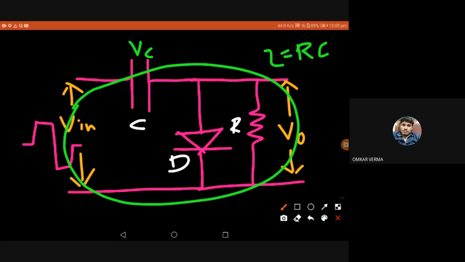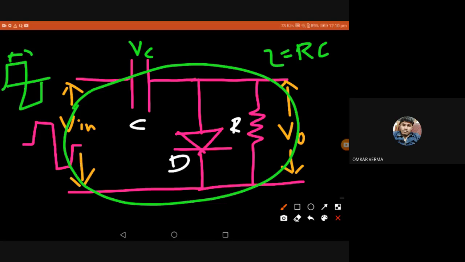So what is the comparison? It should be compared with the input signal. Whatever time constant we decide for the circuit will depend upon the time duration of the input square waveform. Compared to the input square waveform, our capacitor should retain the voltage for a greater time. So ultimately the reference is our input.